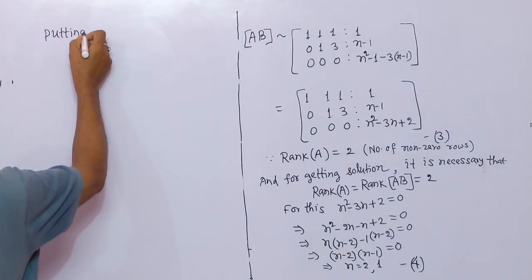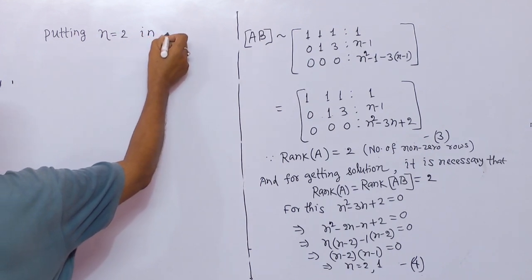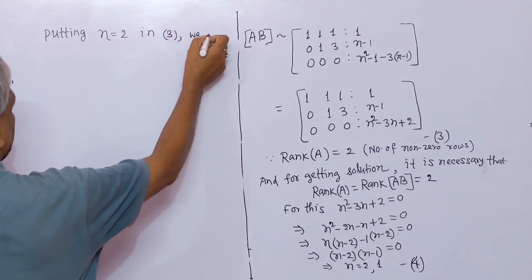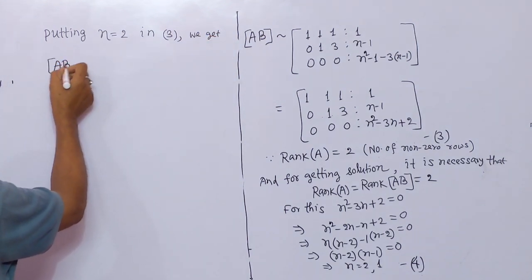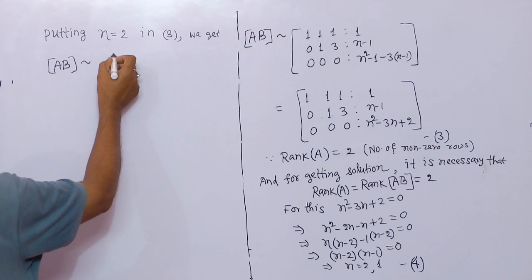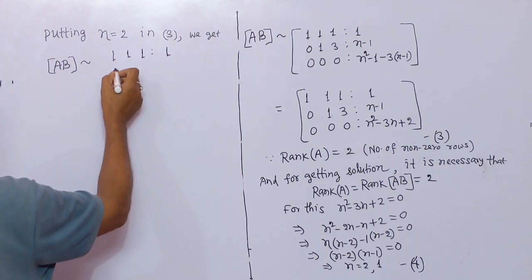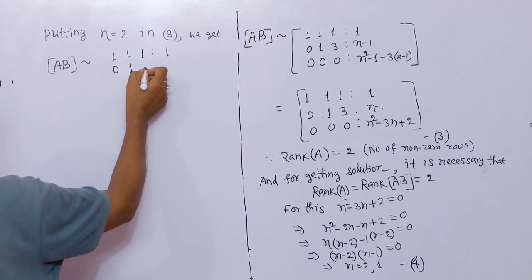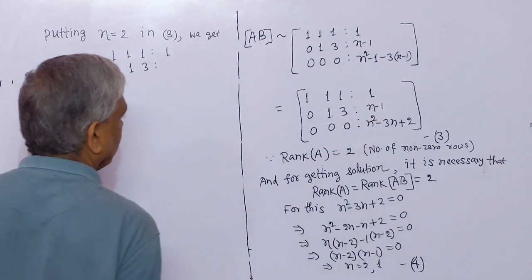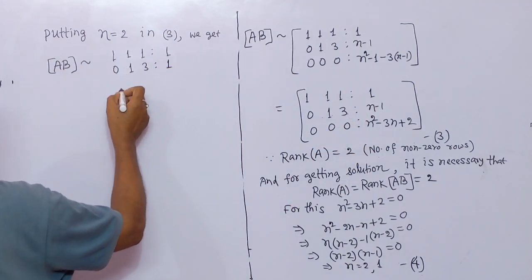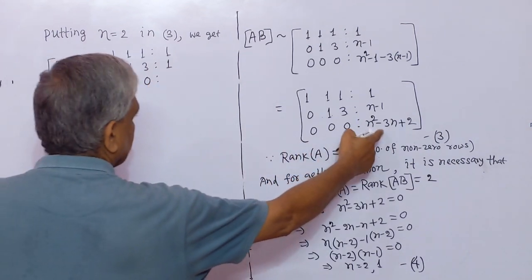Putting eta equal to 2 in number 3, we get the equivalent augmented matrix 1, 1, 1, 1, 0, 1, 3, eta equal to 2, 2 minus 1 means 1, 0, 0, 0 and this is 0.